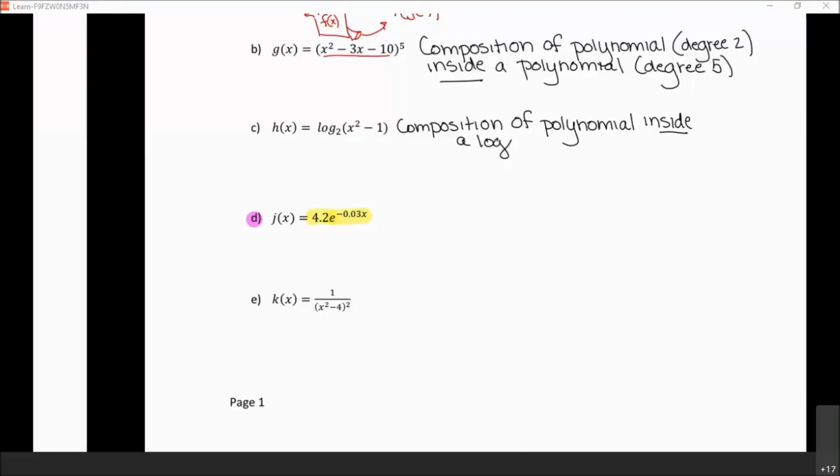Okay. If it's a leading coefficient, then is it a separate function?